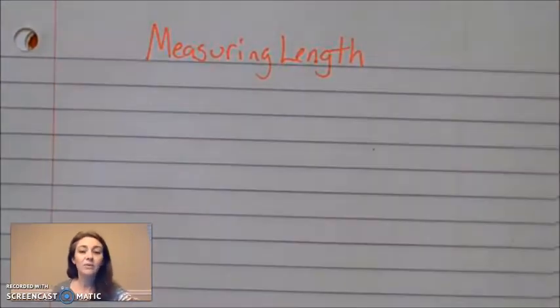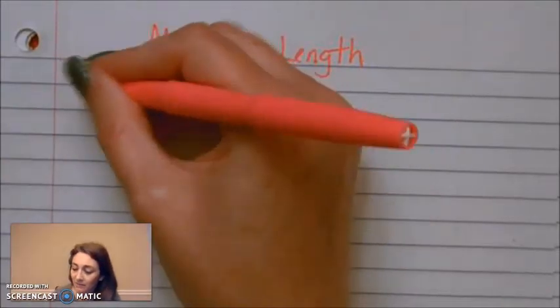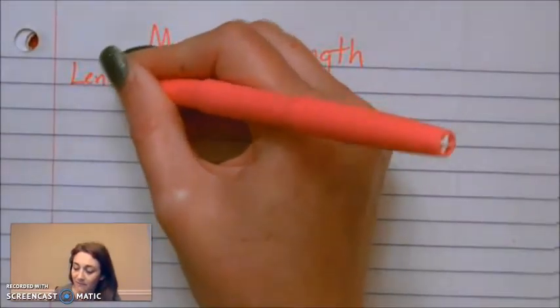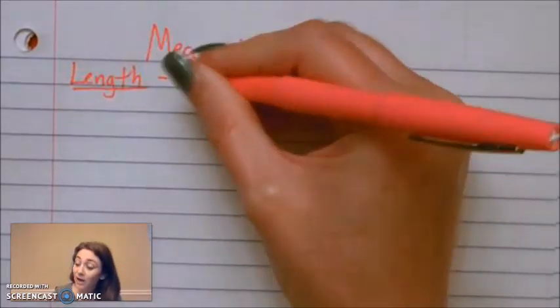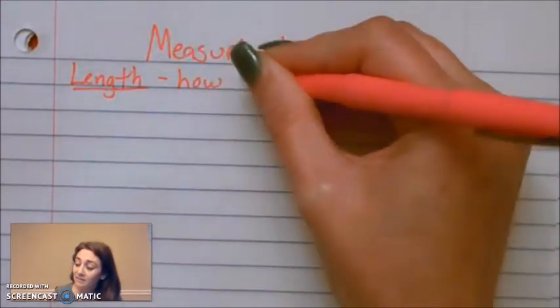Okay, now we want to first define length so we know what we're talking about, what we're measuring. Length is how long or how far away something is.